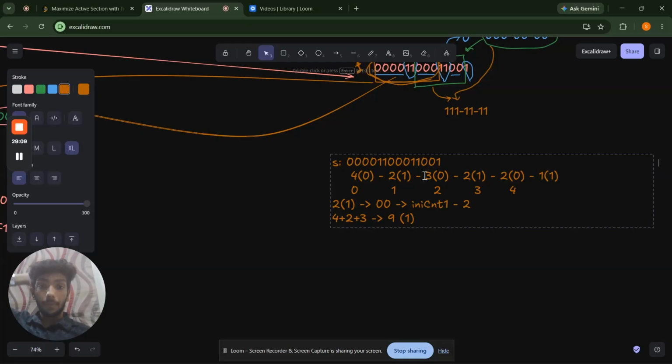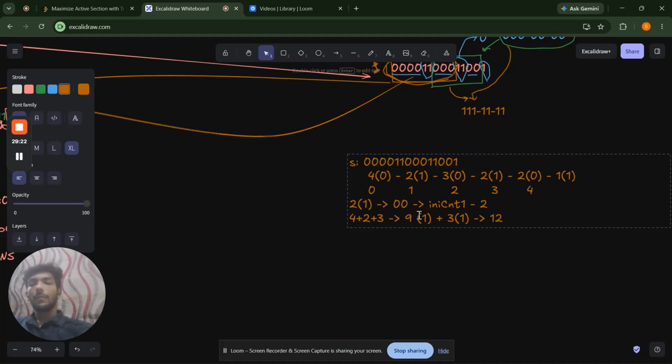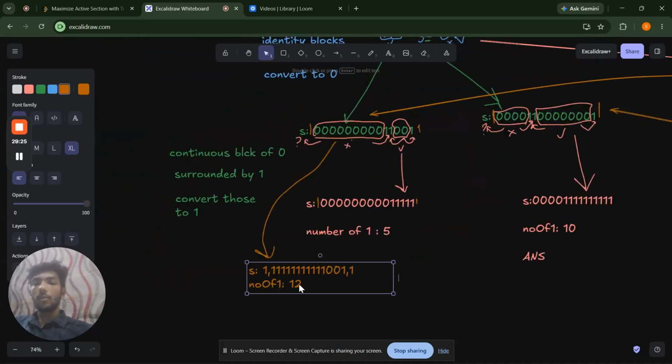Okay, yep. 4 plus 2, 6, 9. These 9 ones, when paired with the 3 remaining ones, the answer will be 12. So here also our answer is 12.